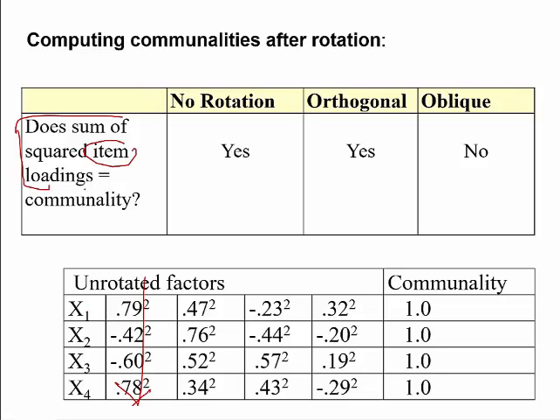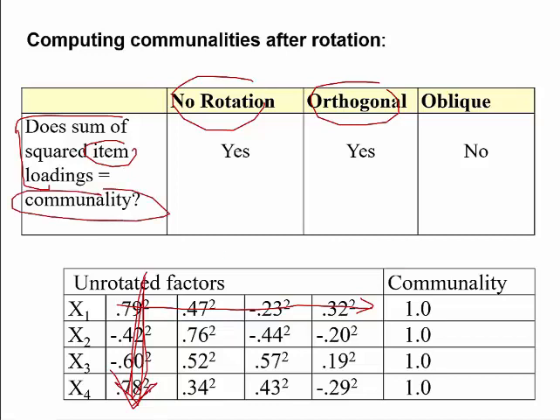But the thing we label sum of squared loadings is when I'm summing down the column to get the loadings for a factor. Now I'm summing the loadings across a row. And if I do that with no rotation or orthogonal rotation, I won't call it the sum of the squared loadings. I'll simply call it the communality. So the communality is the sum of the squared loadings across a row.